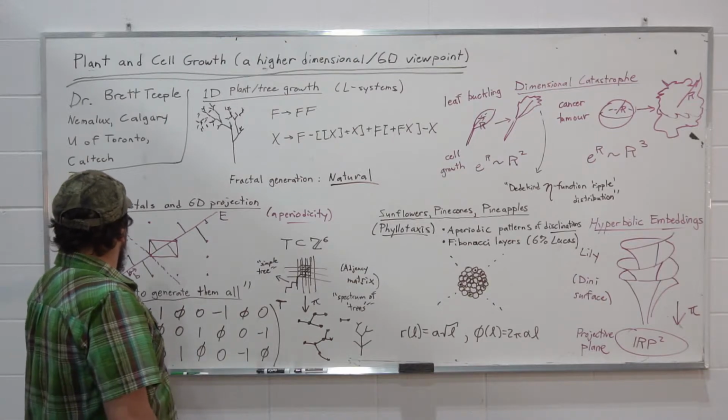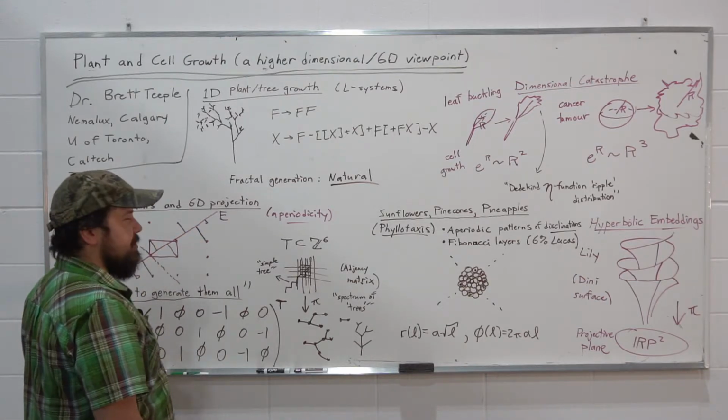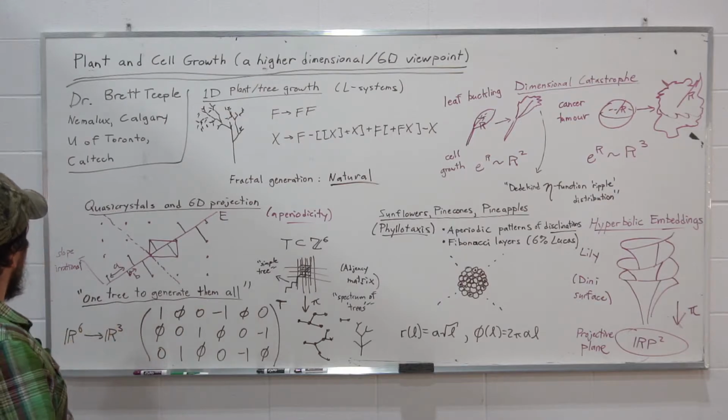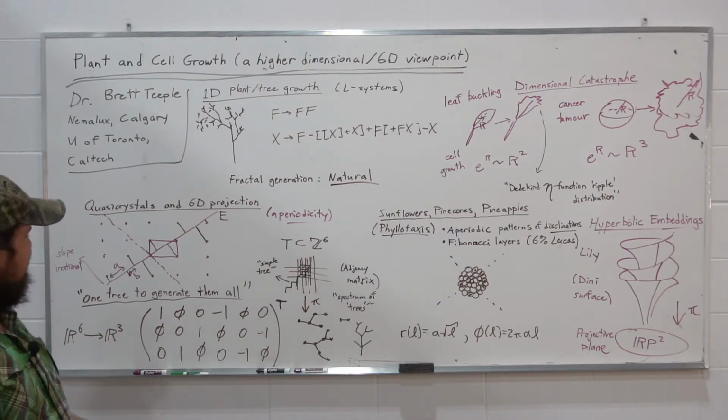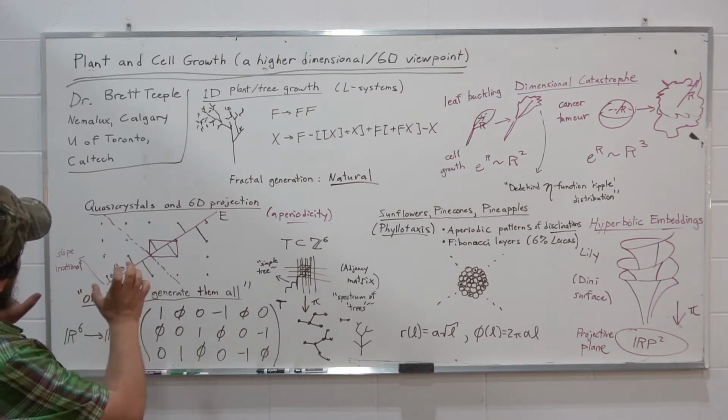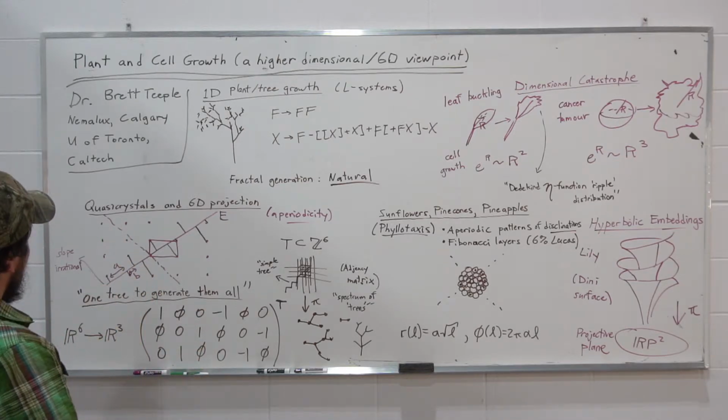What's interesting is that if this slope were the golden ratio, you'll find that the pattern relates to the Fibonacci numbers, but there's a good paper I can show you to reference that.